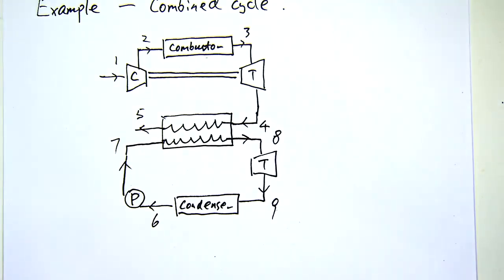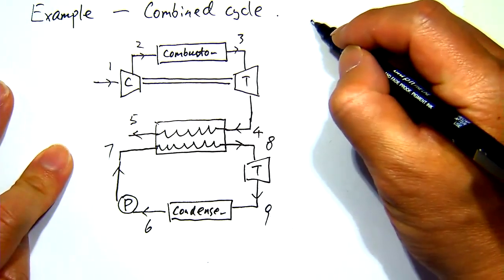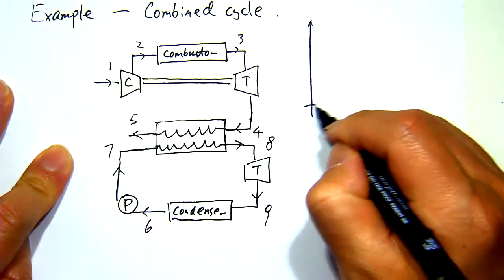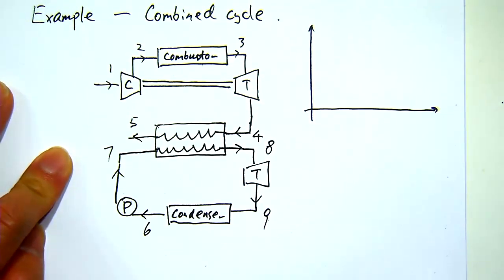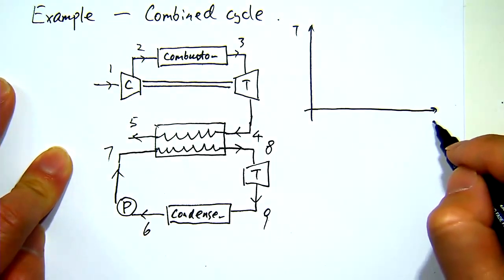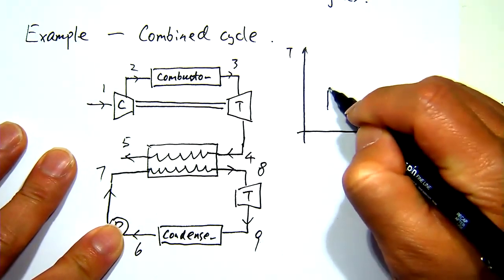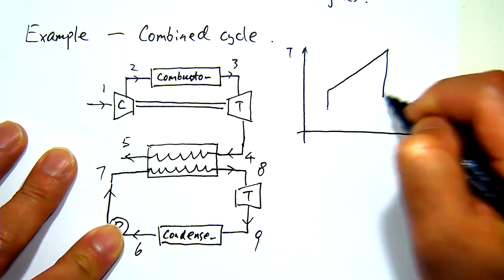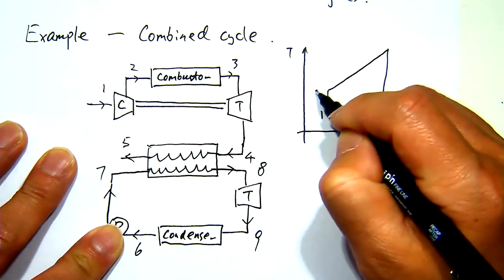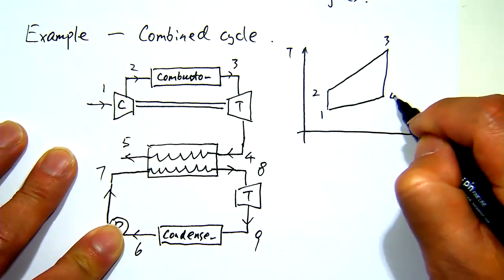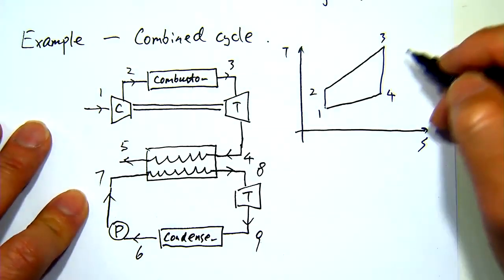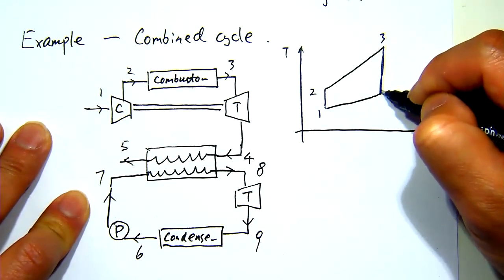All right. The problem asks you to draw the TS diagram of the two cycles on separate plots. So let's draw the Brayton cycle first. So we have the 1, 2, 3, and 4. Except, sorry, it should be vertical.